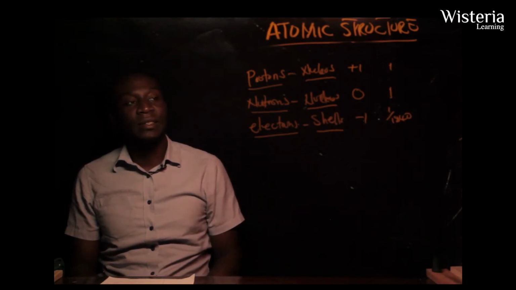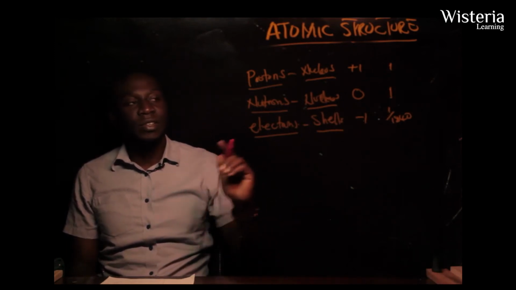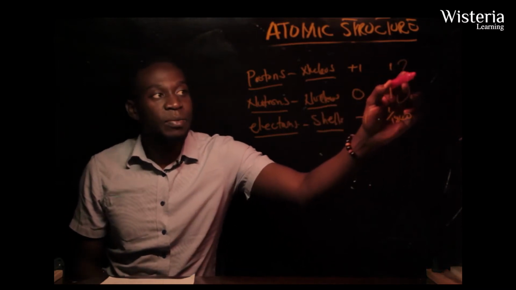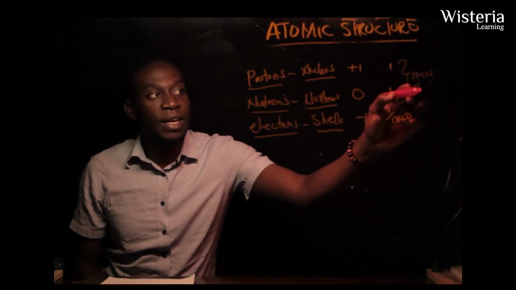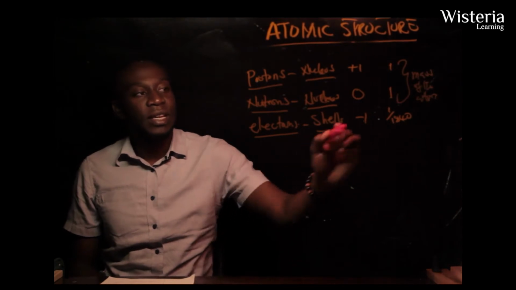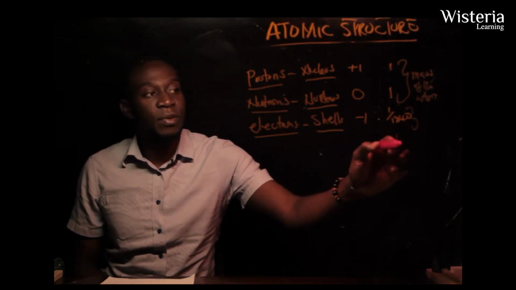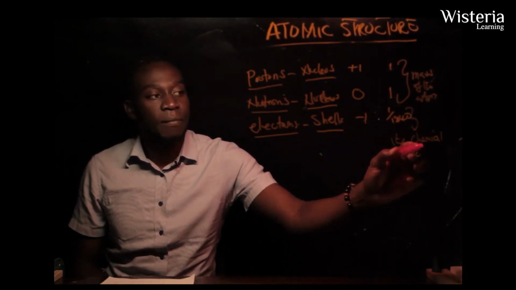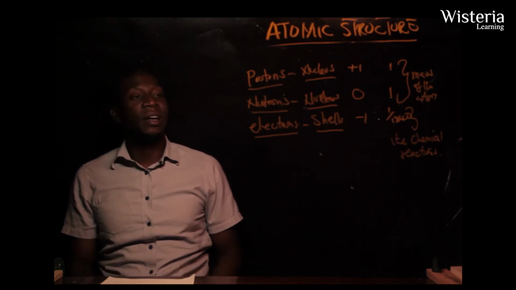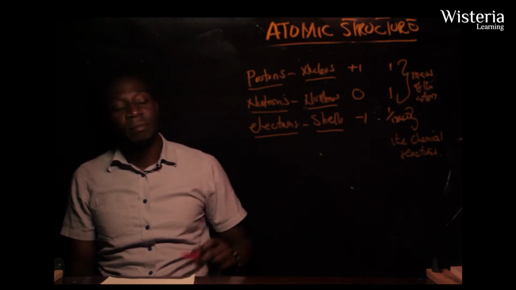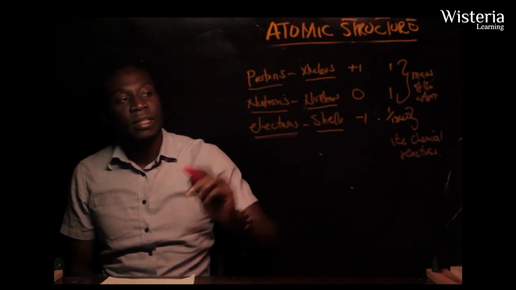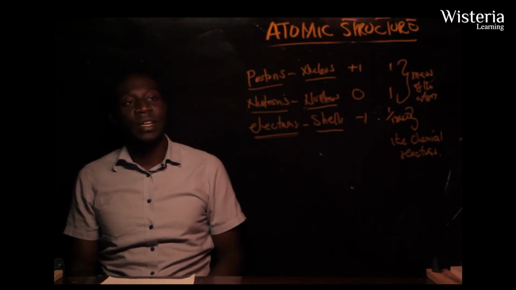That's why I've said that the protons and the neutrons are responsible for the mass of the atom, while the electrons are responsible for chemical reactions. All the chemical reactions occur because electrons are responsible for them.